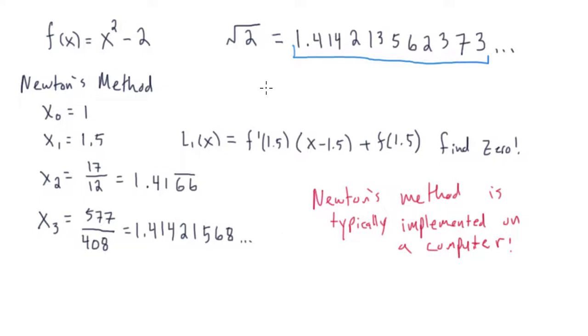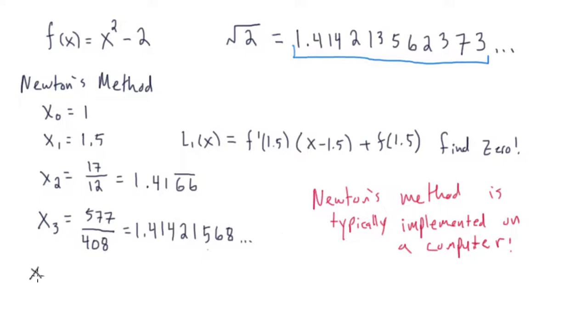So now we are really cooking, right? 1.4142. Now we have 4 decimal places we're accurate up to. Actually 5, it looks like, even. This 5 and 3 are the first time we differ.